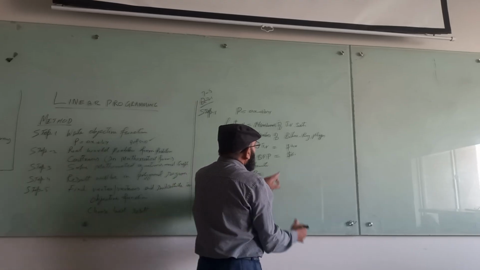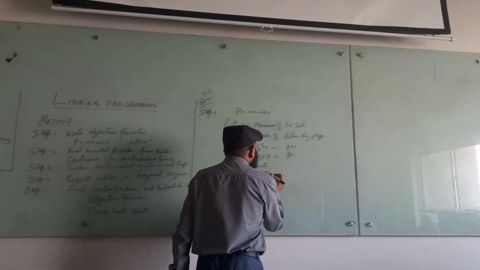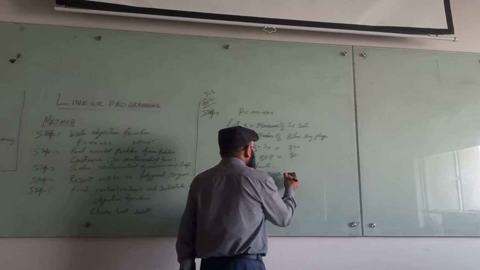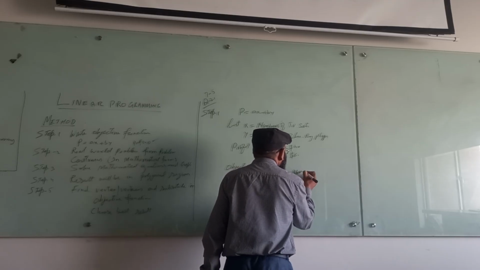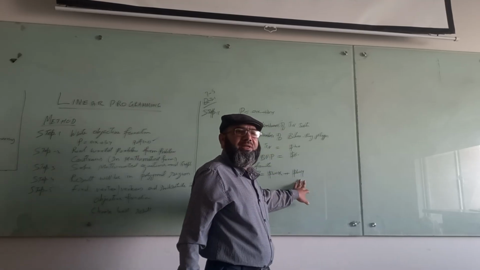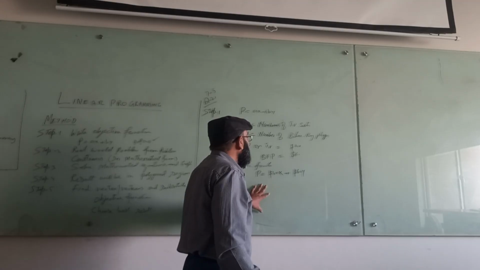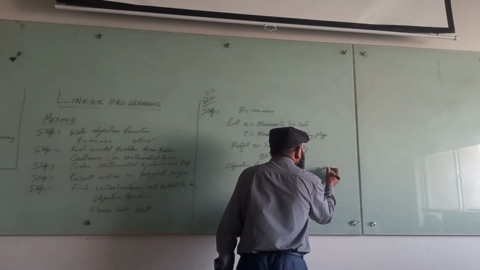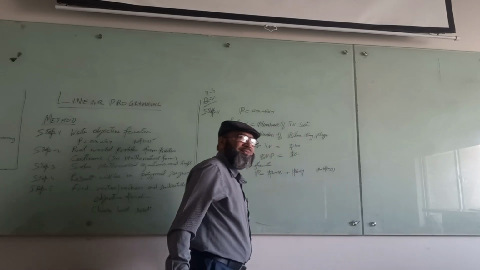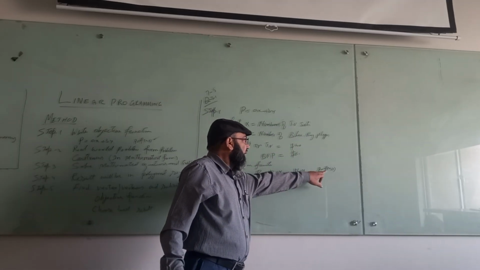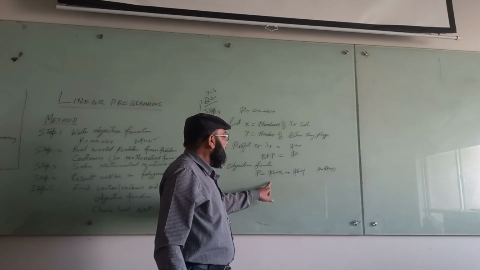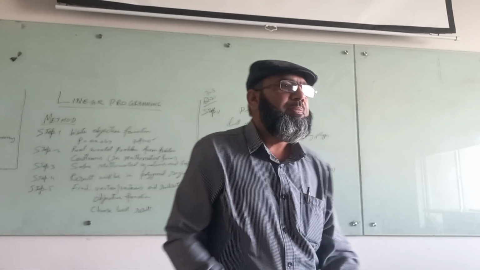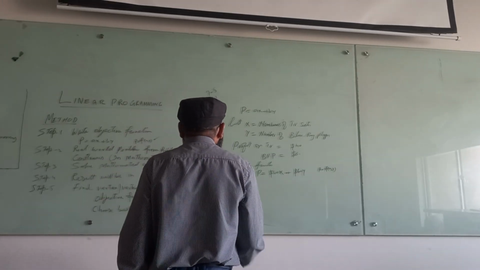P is equal to 40x, where x is the TV variable, plus 60y. So this is our objective function. P is a function of x and y. x means units of TV, y means units of Blu-ray player.